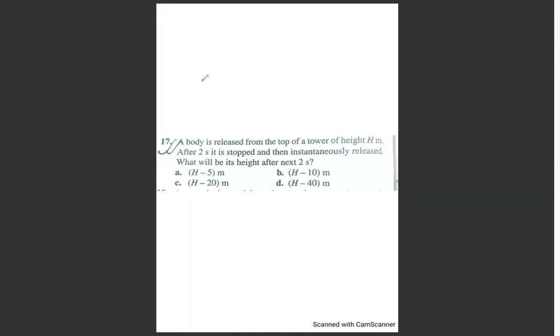Yes, very good. This is also again a very basic question.